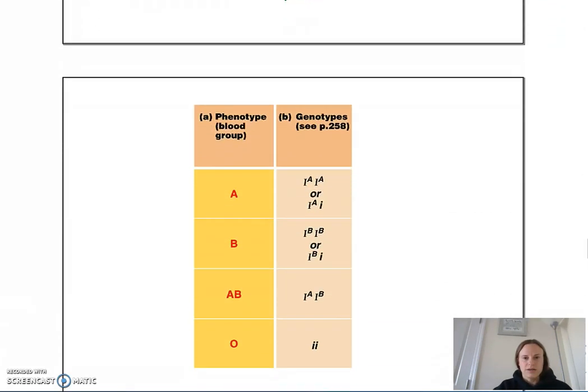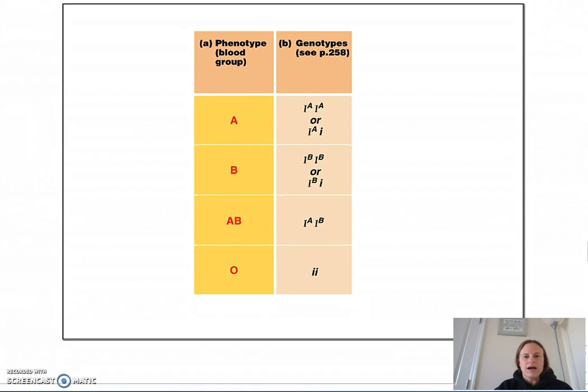So let's take a look. Here is how the phenotypes break down regarding what genotype would describe them, because when you're doing genetics problems, you need to know the genotypes for the characteristic that you're exploring. So if I have type A blood, I can be homozygous or I could be heterozygous.